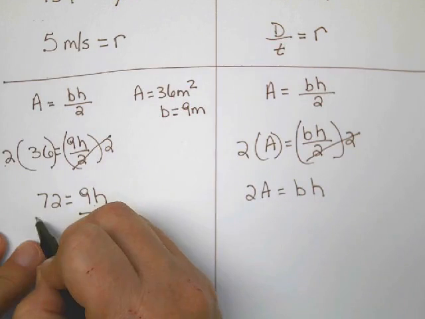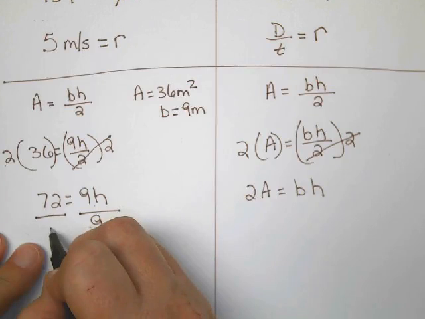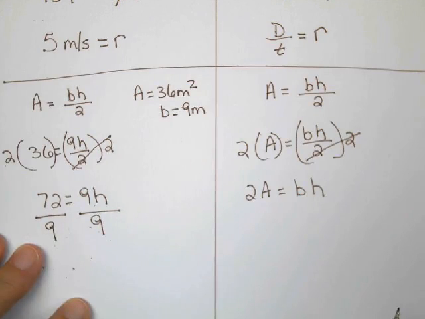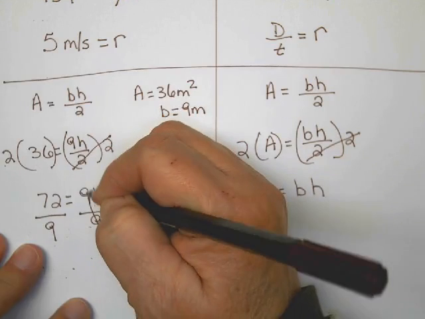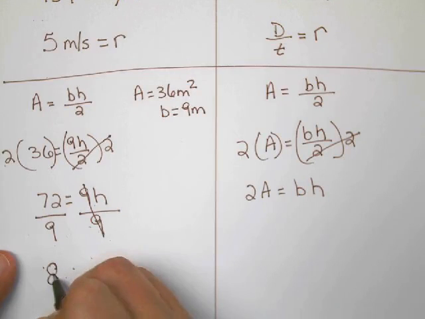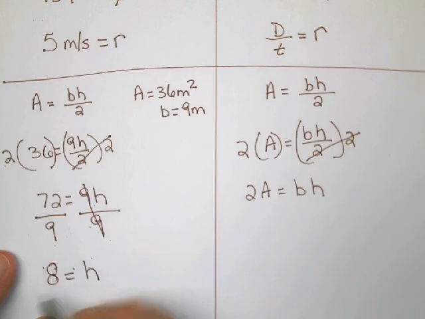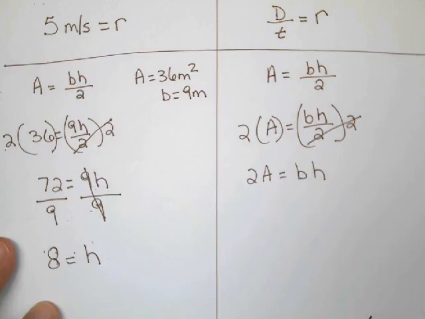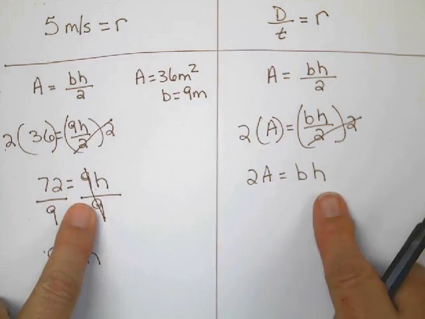And that multiplicative property of equality says that if I do it to one side, I have to do it to the other to keep it equal. Well, then 9 divided by 9 is 1, and 72 divided by 9 would be 8. So 8 equals h.